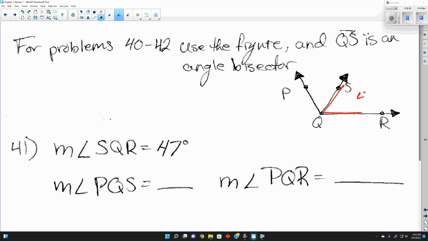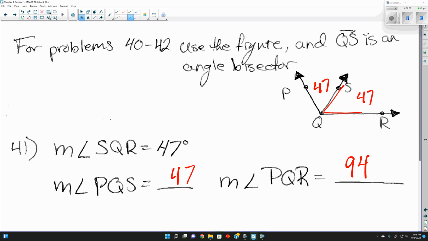So SQR is 47, PQS is, and 47 plus 47. Because again, 47 and 47, angle bisector cuts the angle in half, so the two segments are going to be the same.